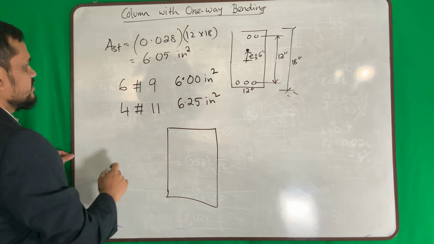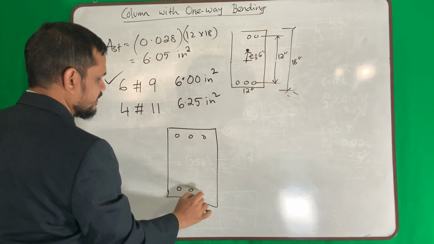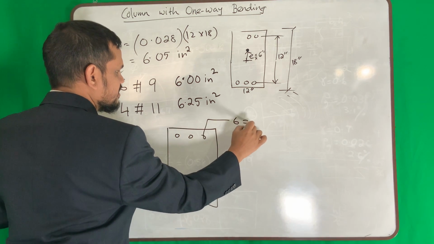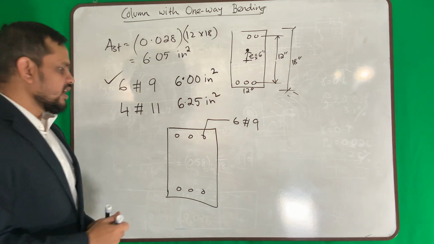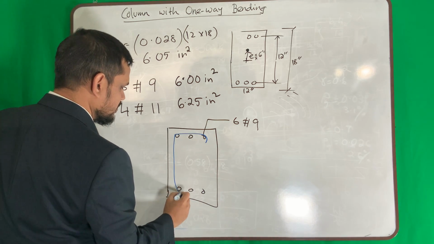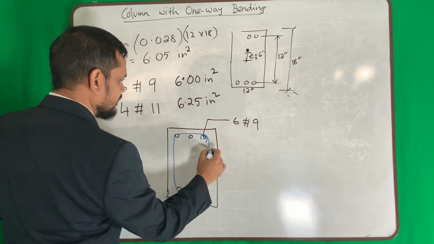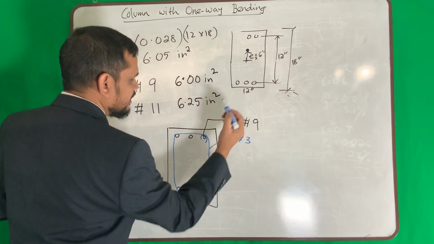Now you can start doing your detailing. If you are using, say, this one, 1 2 3 4 5 6, right here 6 number 9, then do that. I should not waste time there. Choose your tie. As this is number 9, the tie should be number 3.